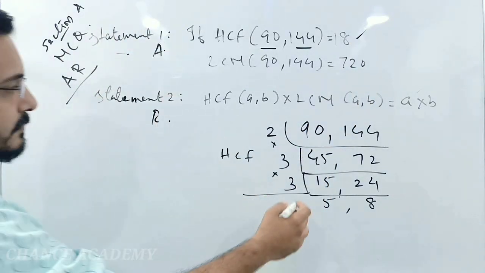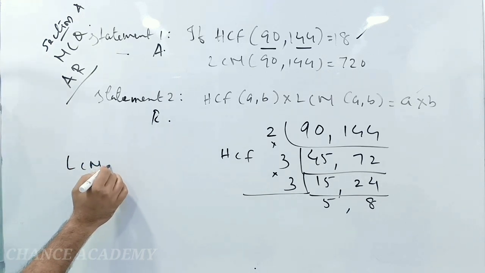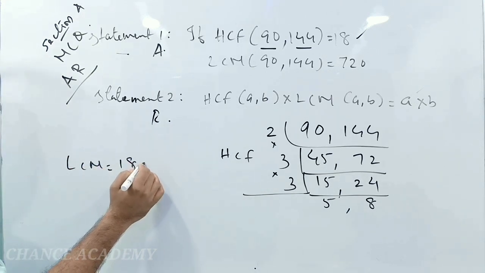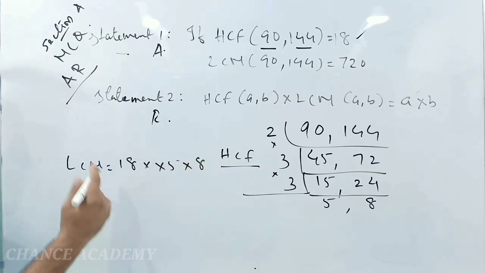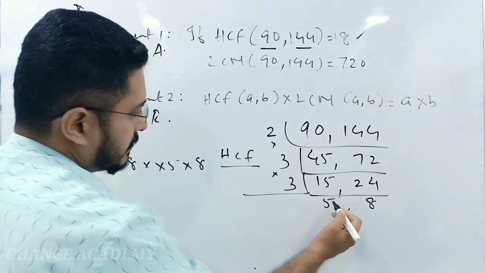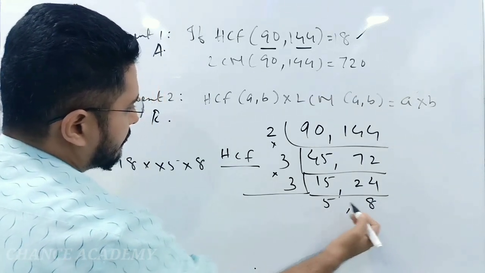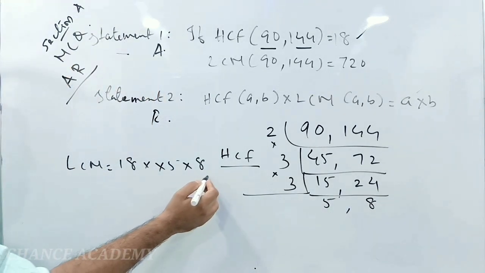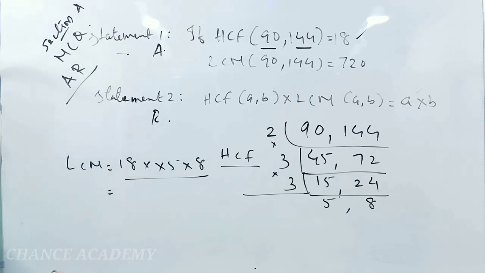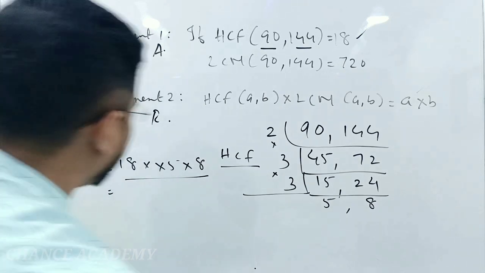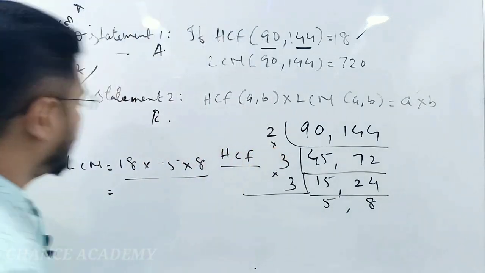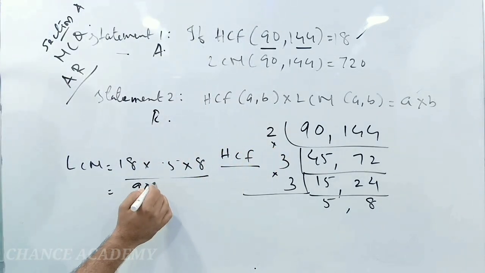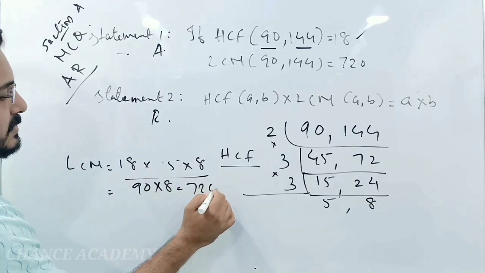For finding the LCM, you need to multiply this 18 that you got as the HCF with the remaining numbers 5 and 8. You need not go for factorization since 5 and 8 have only 1 as a common factor. So straight away multiply: 18 into 5 is 90, and 90 into 8 gives you 720.